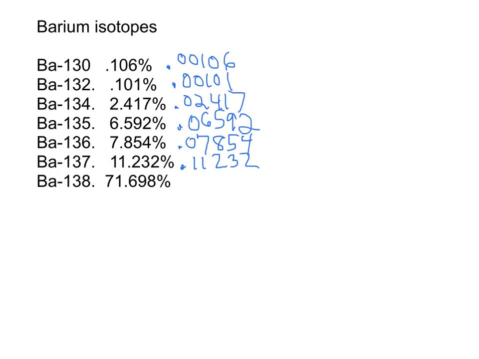And 71.698% would be 0.71698. Now, just looking at this, let's make a prediction going in.